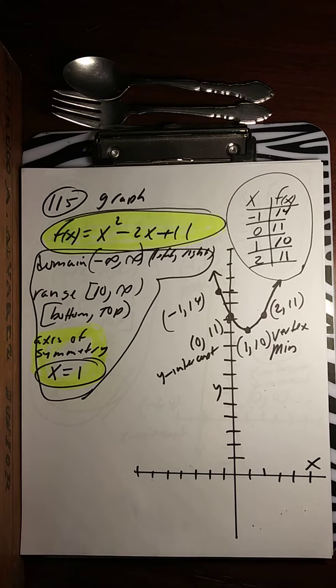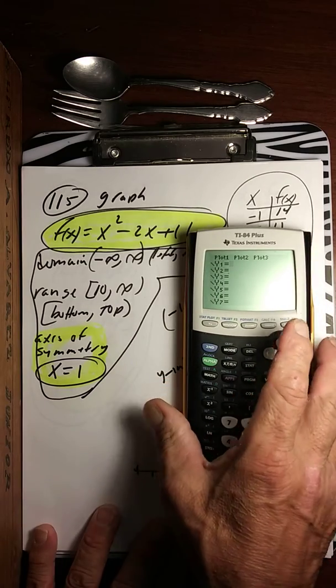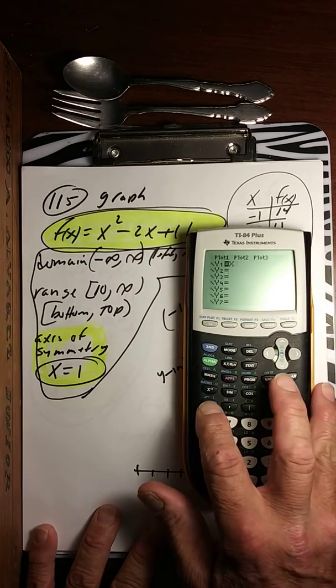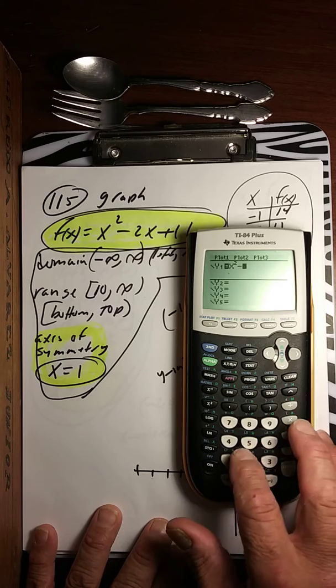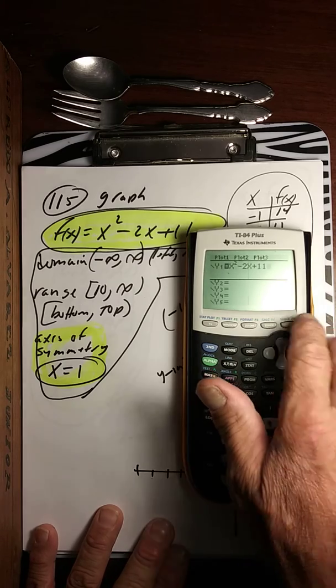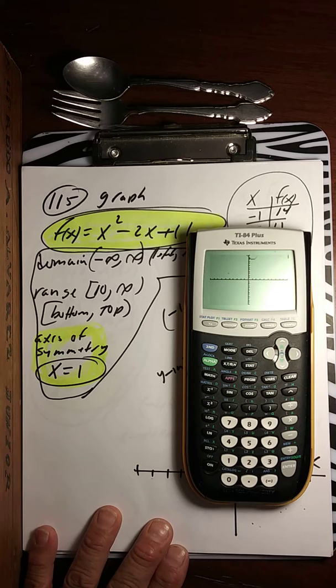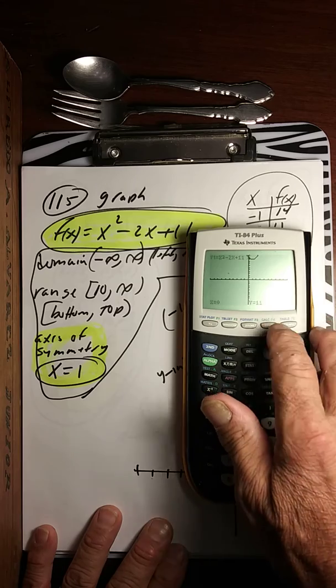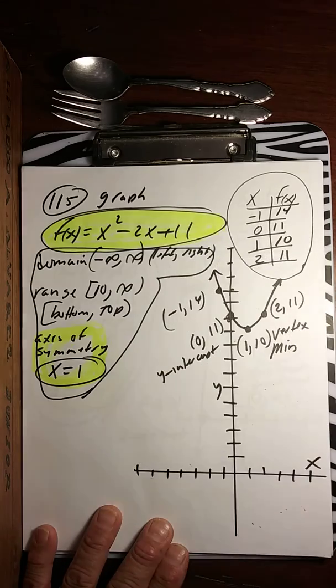Another graph. So alright, let's do it on the calculator, of course. X squared minus 2x plus 11. Hit graph. Okay, it's up here somewhere. Okay, again, you can do trace, get some numbers for it.